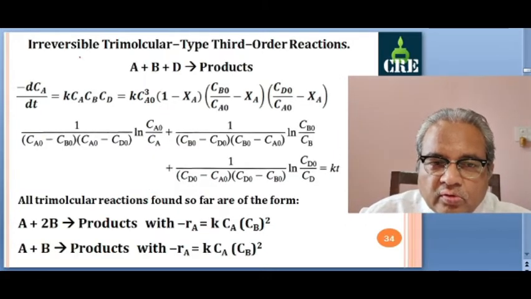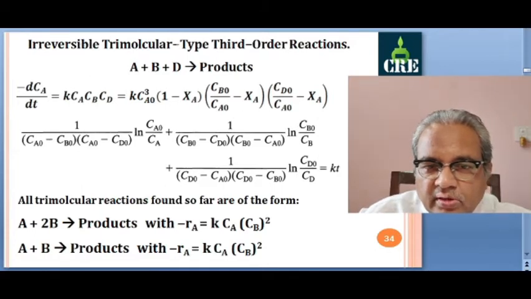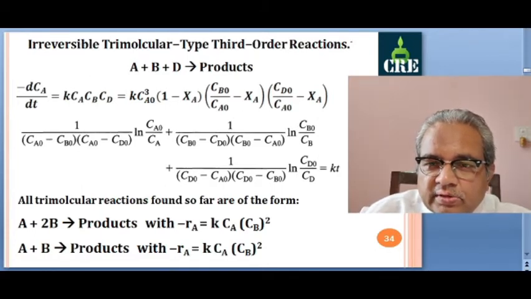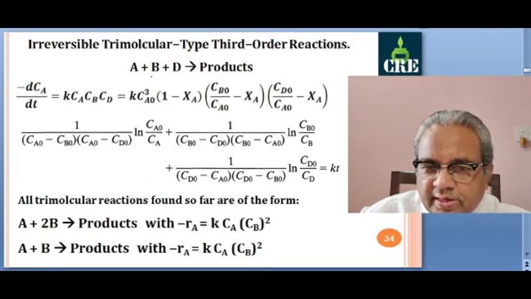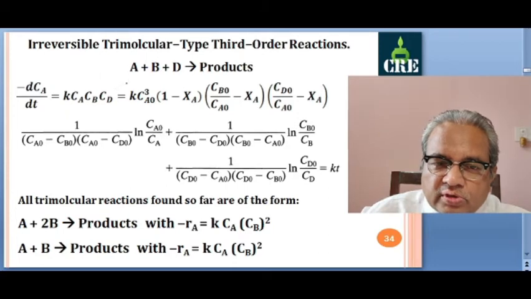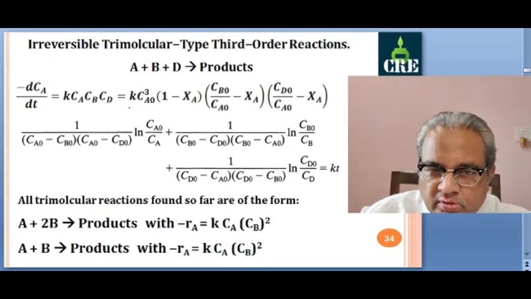Next we have irreversible trimolecular, third order reactions. Here the reaction is A plus B plus D, trimolecular, 1, 2, 3, giving you products. So I can write minus dCA by dt is equal to k CA CB CD. This is first order with respect to A, first order with respect to B, and first order with respect to D. We are considering the rate law known to be first order with respect to each of these species.